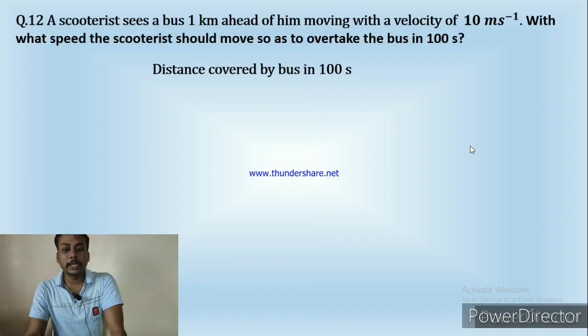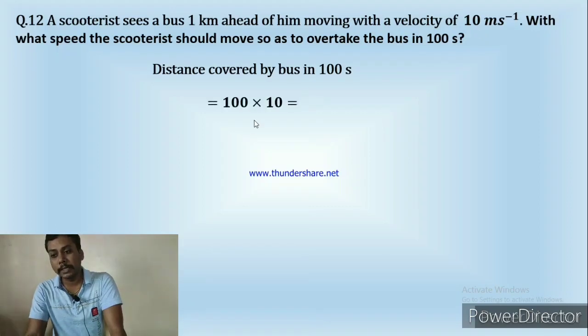So here, the distance covered by the bus in 100 seconds. The bus is moving with 10 meter per second. So the distance covered by the bus in 100 seconds, that is velocity into time, is 100 into 10, that is 1000 meter.